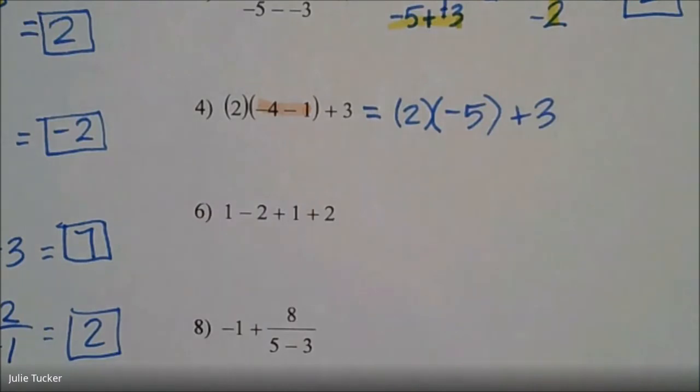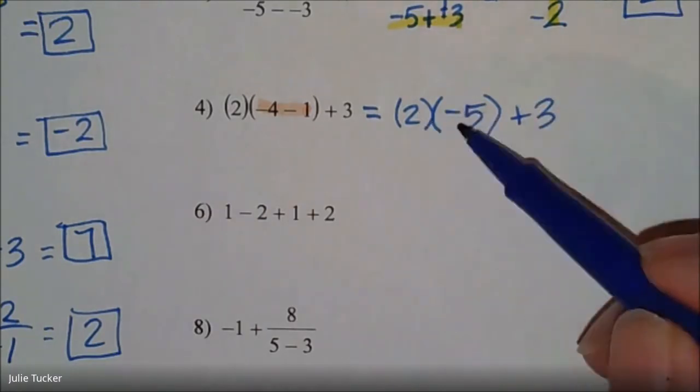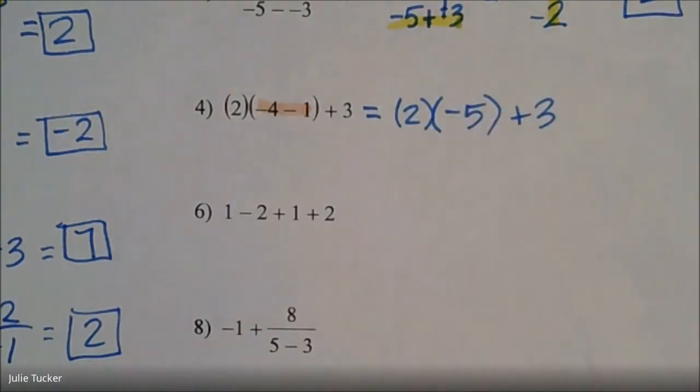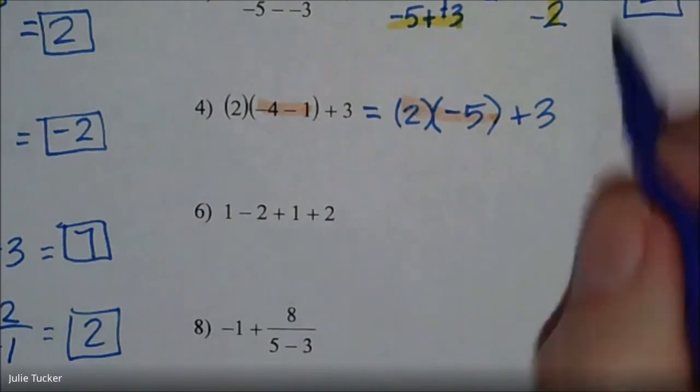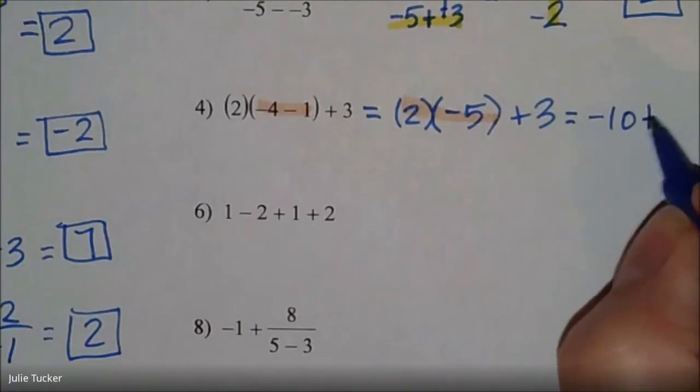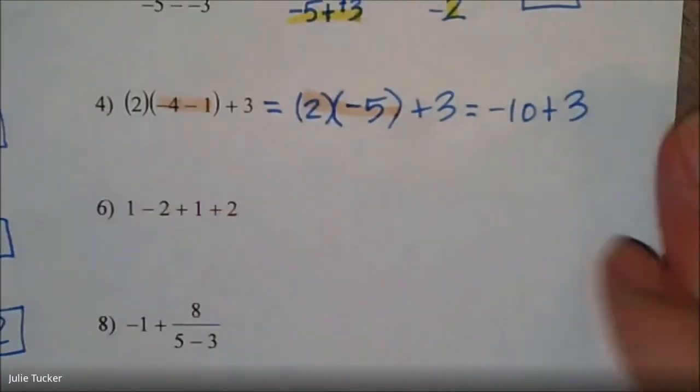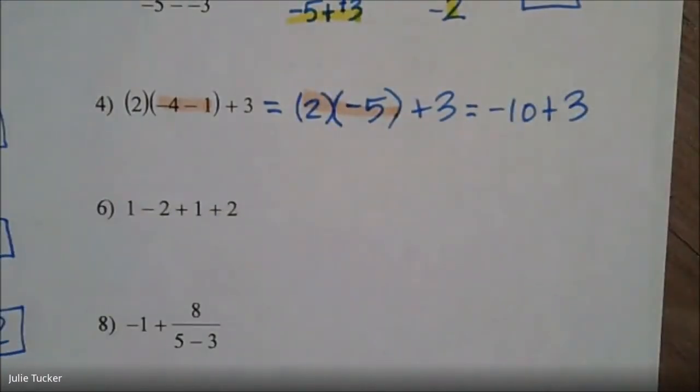Okay, now what? We have multiplication and we have addition. Multiply. Good. So what is 2 times -5? -3. So -10 plus 3. -7.